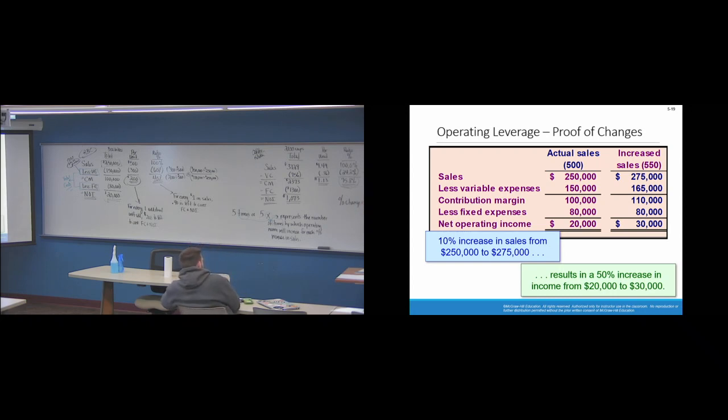You can put it a couple of different ways, but we're going to take the new amount minus the old amount and divide by the old amount. So in this case, 30, and I don't really need to do this because this is simple math, minus 20, so the change is 10, right, divided by 20. So 10,000 divided by 20,000 is 50%, right?